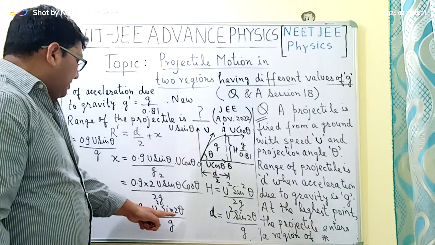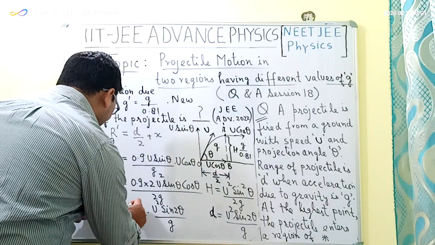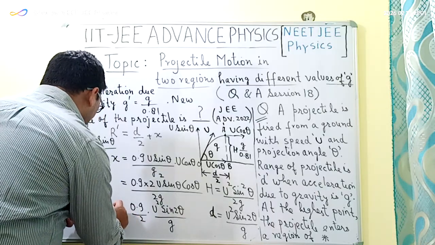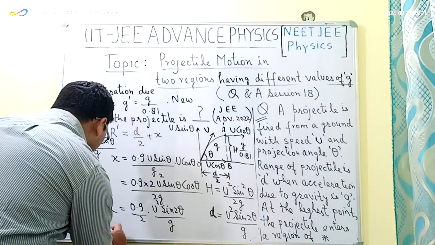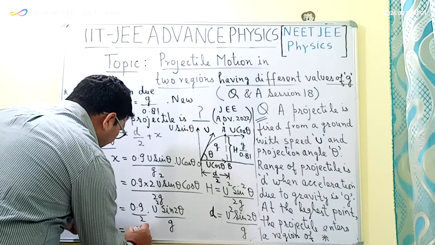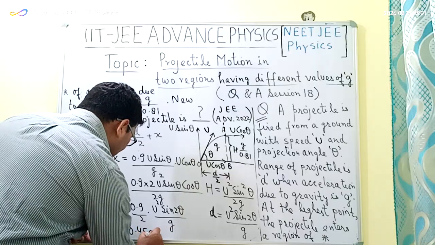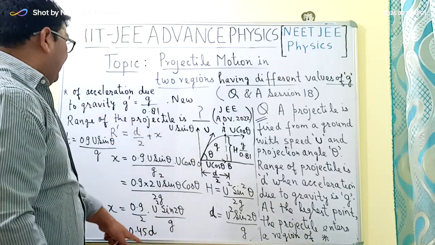Now u square sine 2 theta upon g is equal to d. So x will be equal to 0.9 upon 2, which is 0.45, times d. So this is equal to 0.45 d.